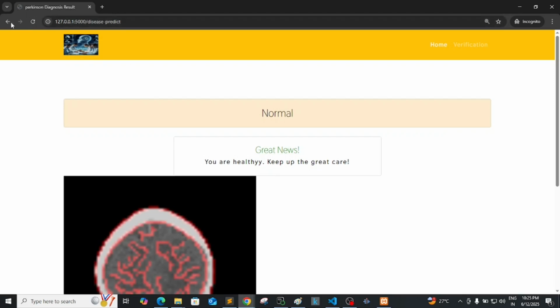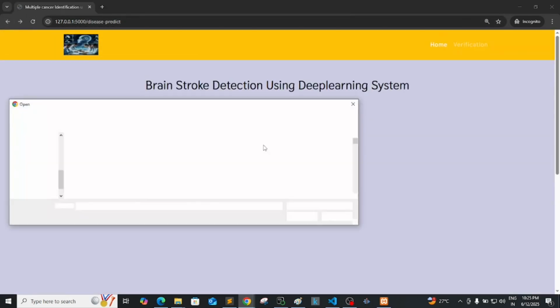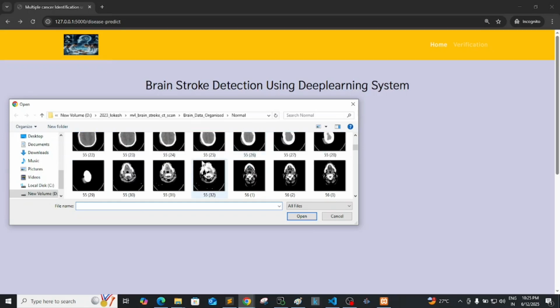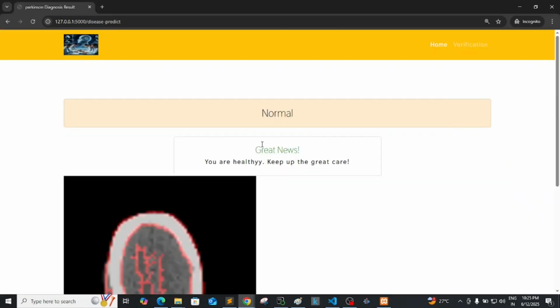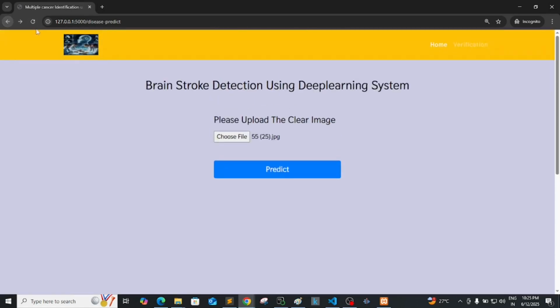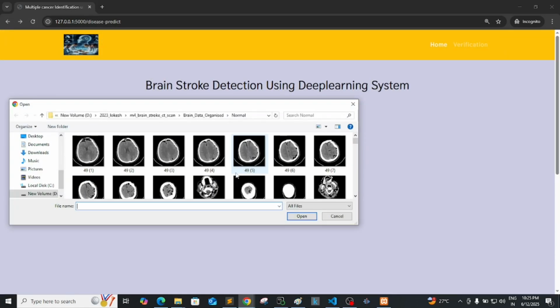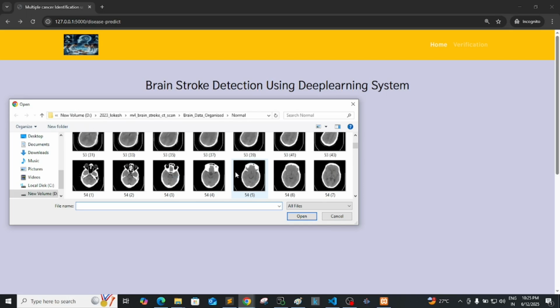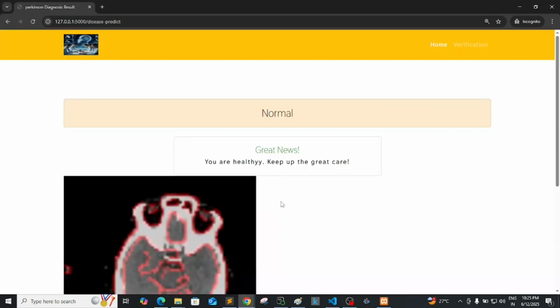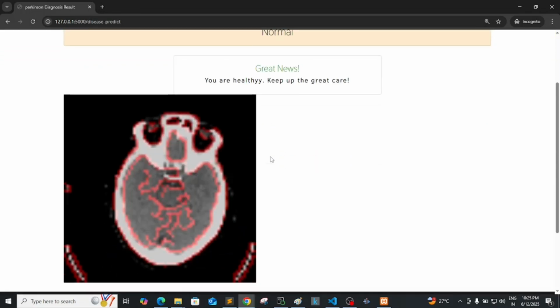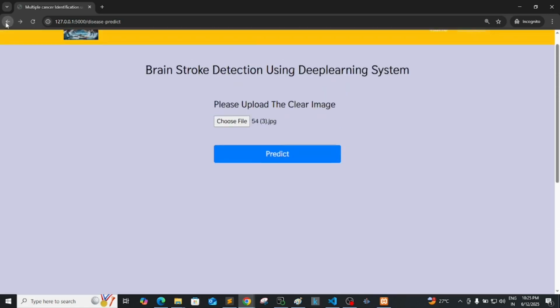You should try a minimum of 30 to 50 images. Because all these are augmented images, you need to try 30 to 50 images, and only then will you know what is actually happening. I'm just randomly scrolling and uploading images from our folders, multiple images from stroke as well as no stroke.